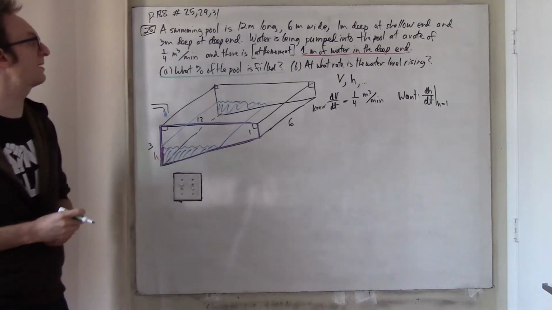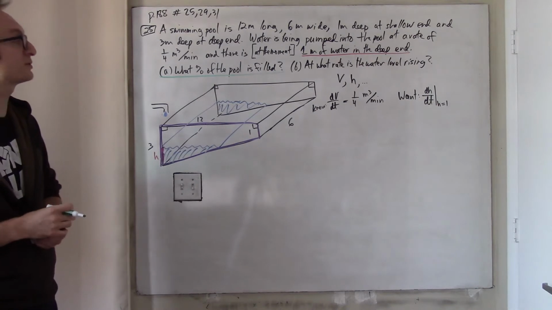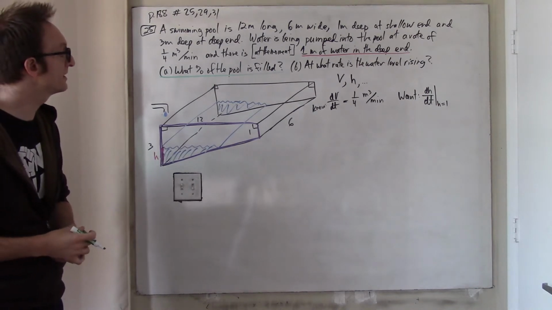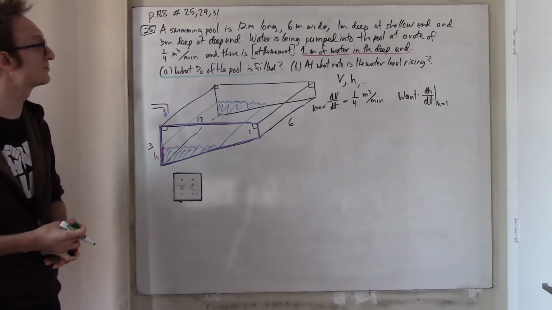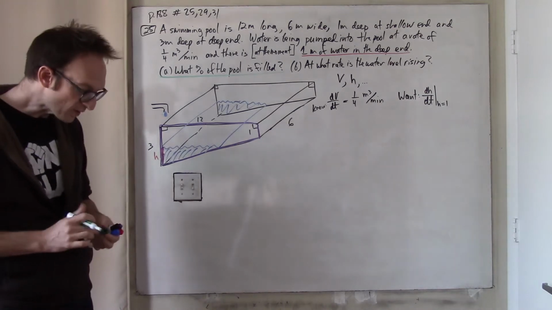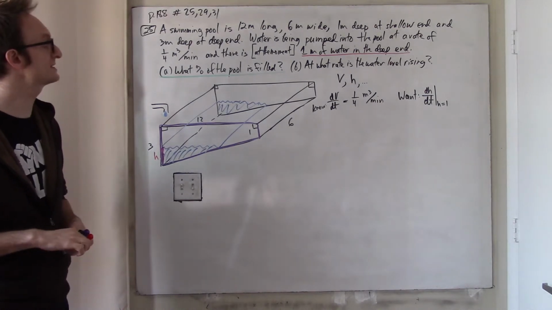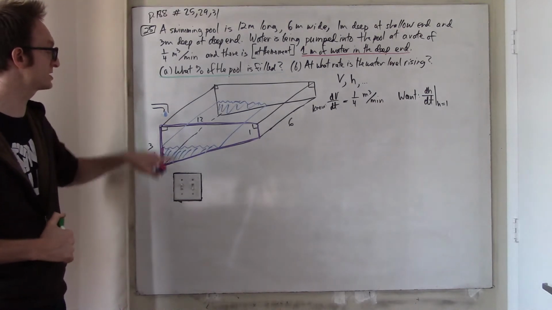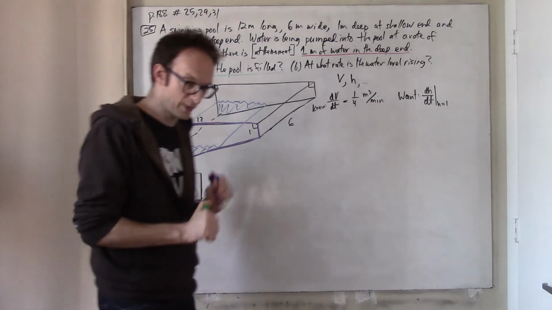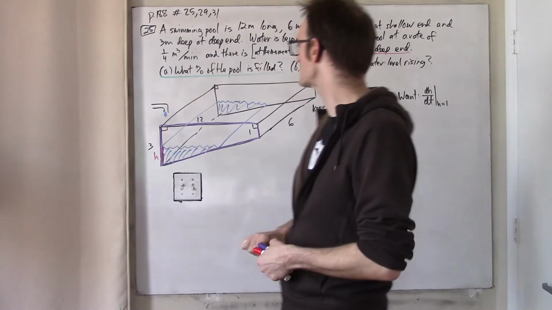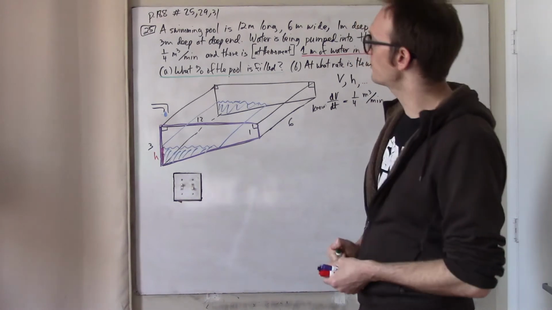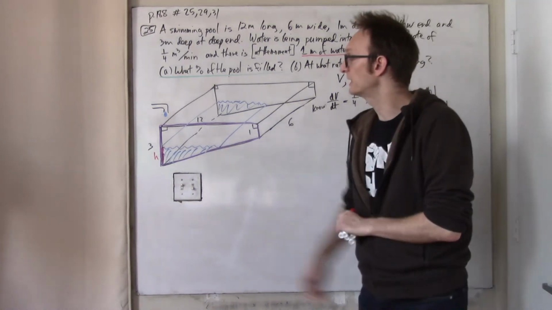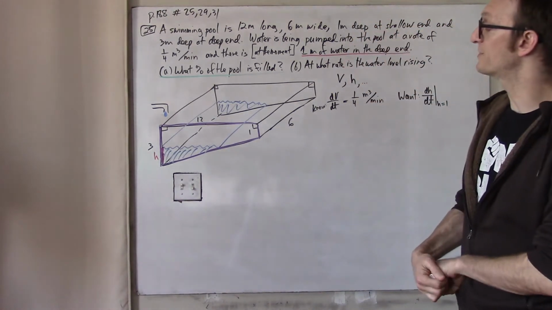Part A is just a simple basic geometry problem, and the question is, what percent of the pool is filled? Finding that is forcing us, before we get too bogged down in the calculus, to make sure that we understand the actual geometry of this pool.